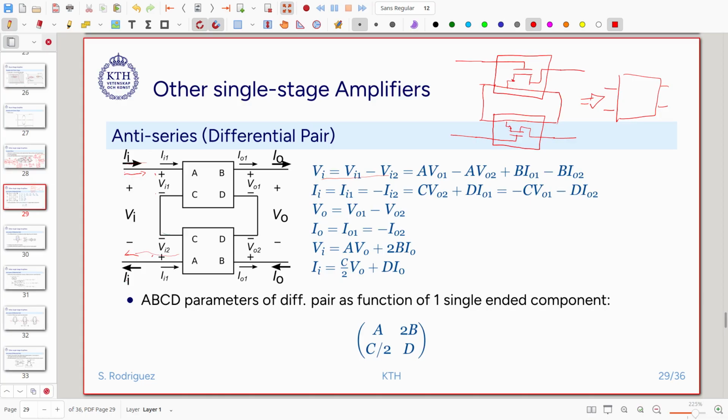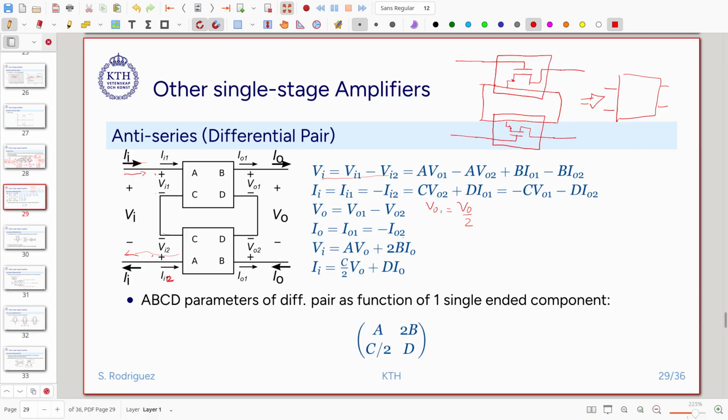So I1 is going to be equal to minus I2, that will be I2 here. Okay, so we have the first equation here, and another thing that we can see here is that due to the symmetry, these two blocks are exactly the same. We have that VO1 will be only half of the total voltage, so we're going to use this very soon.